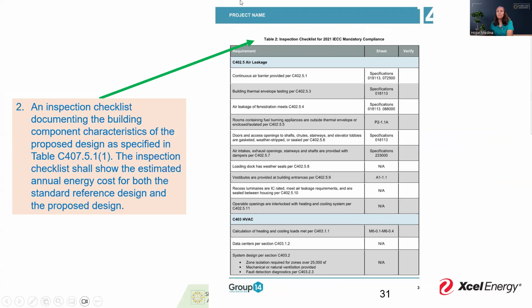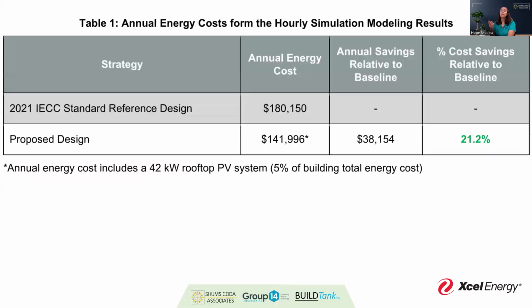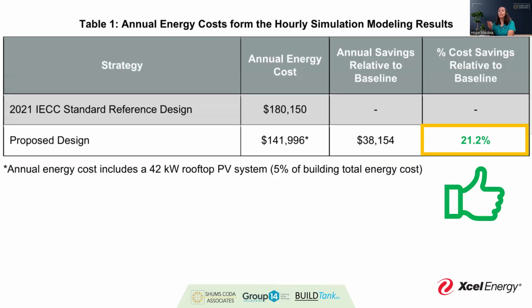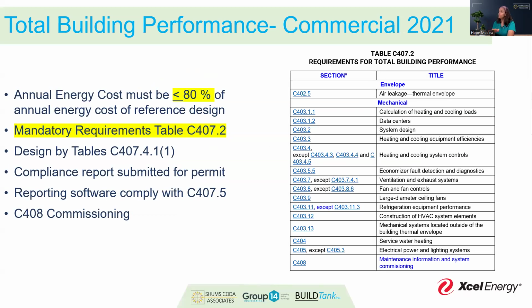So this is listing the sections in C402.5 and which sheet or specification you would find that particular information on to demonstrate that you're meeting the requirements that we have in this table.